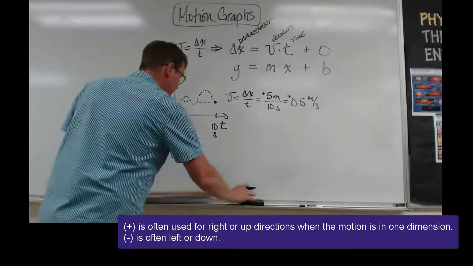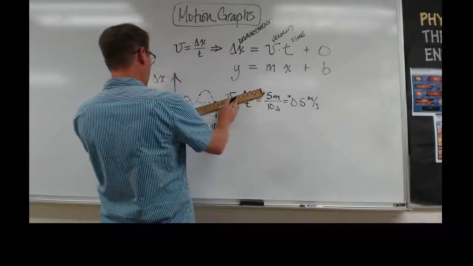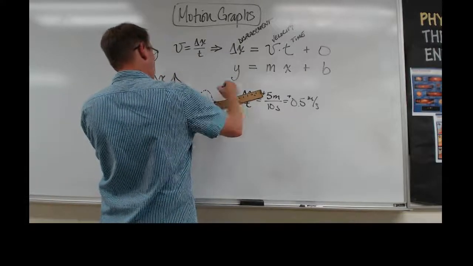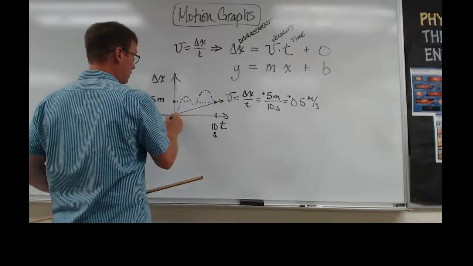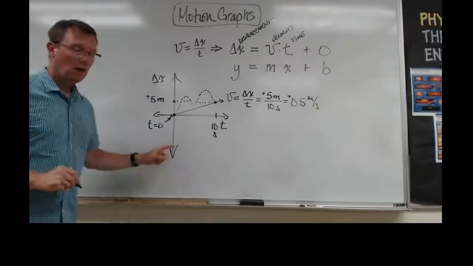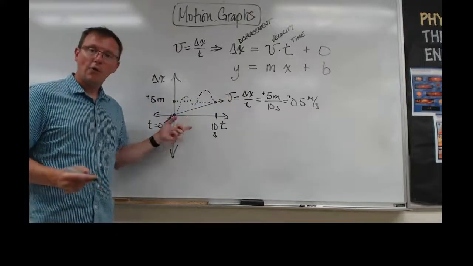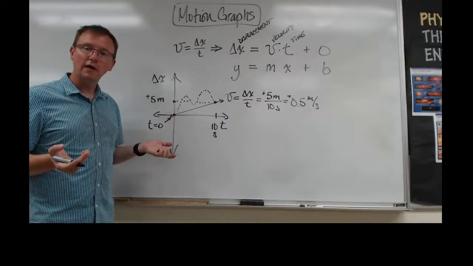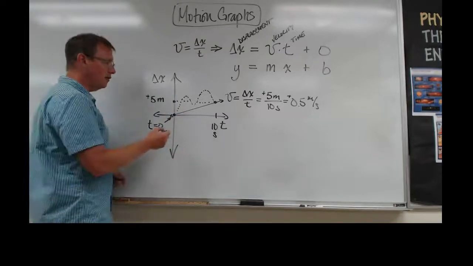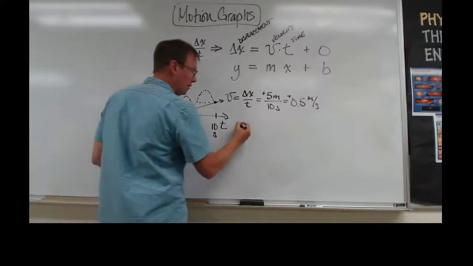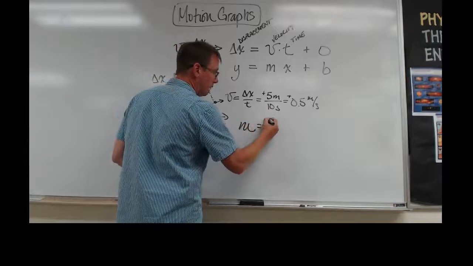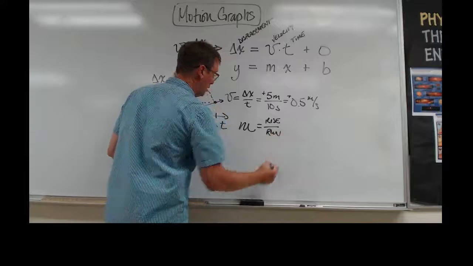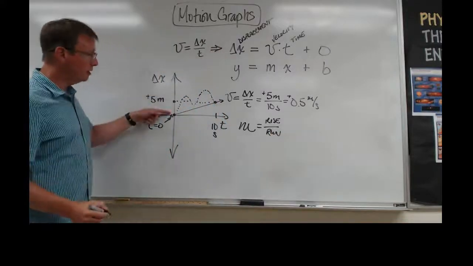Now, check this out here. If I wanted to, I could go ahead and draw a line between those two, like so. And I could ask you for that line right there, what would be the slope? Well, notice that slope, remember, is rise over run. And so what's the slope? How much did it rise?